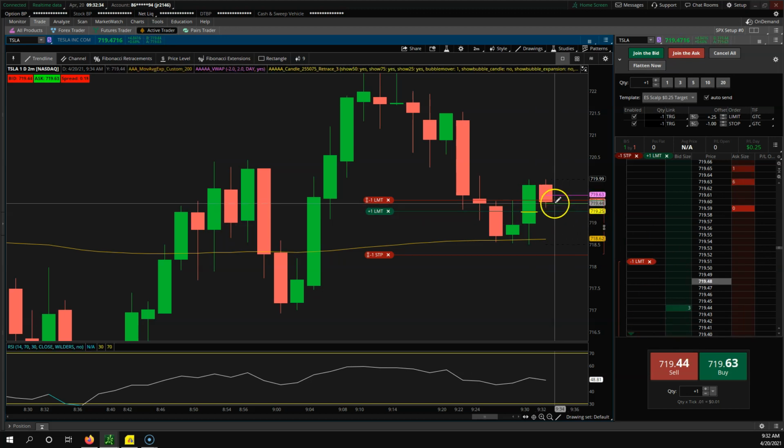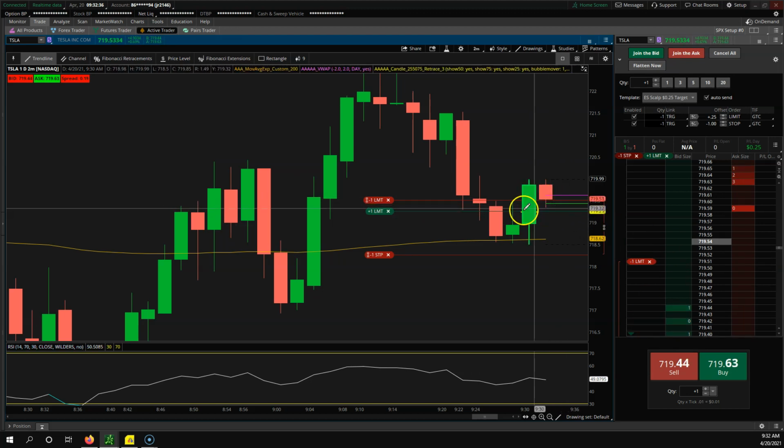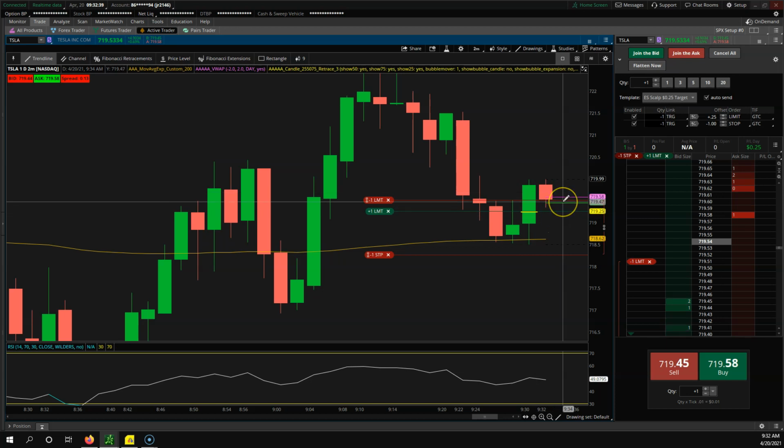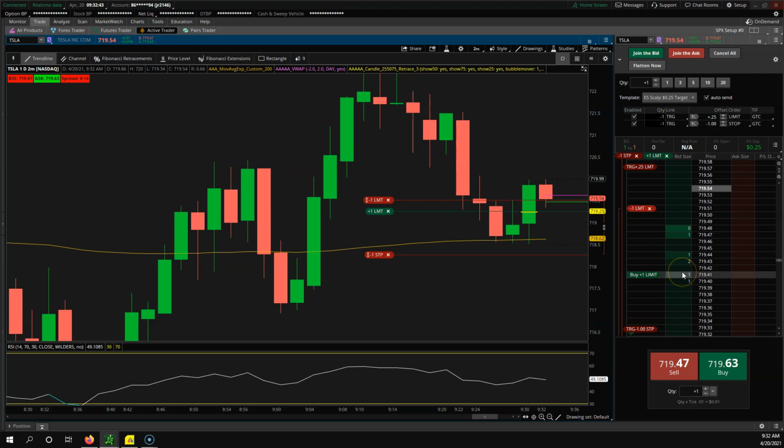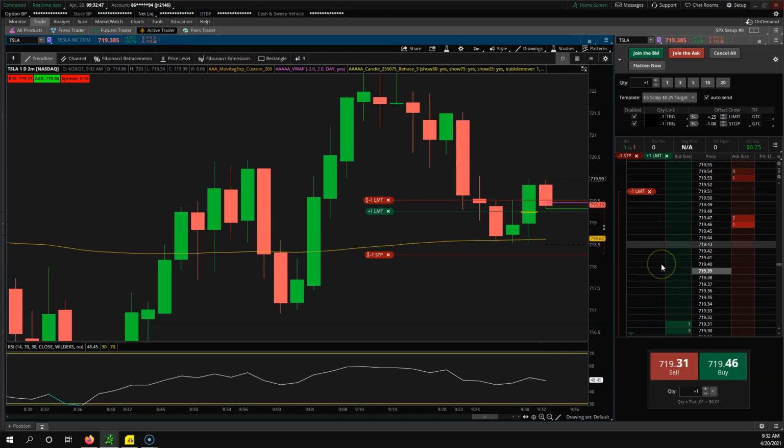So let's see if we could get that pullback a little more, 50%, and then that quick little bounce. And sometimes you've got to be patient. Sometimes you'll miss it, right? Like here, the low was 34, but we'll see.